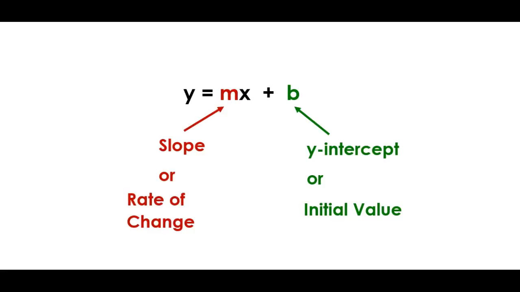The reason I wanted to remind you that the slope and the y-intercept have meaning is because we're going to have to understand information in a description, and that will tell us which part of the description relates to the slope and which part relates to the y-intercept. Your clues or cues within the description to tell you what the slope is: you're looking for something that's a rate, because slope really represents the rate of change.